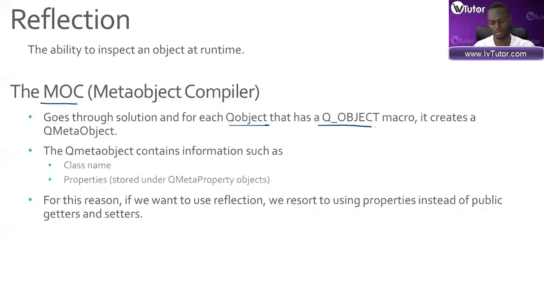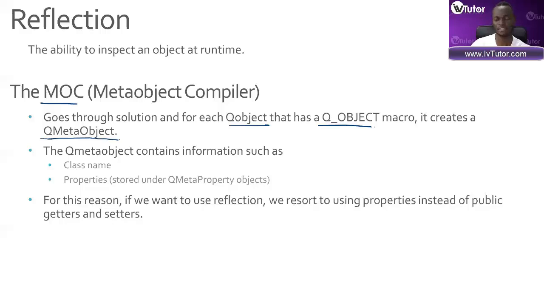So what your meta object compiler does is it goes through your solution. It finds all classes that are Q objects and have the Q_OBJECT macro, and it creates what is called a QMetaObject. Again, you don't see this, but it's there. But you must be able to explain this.